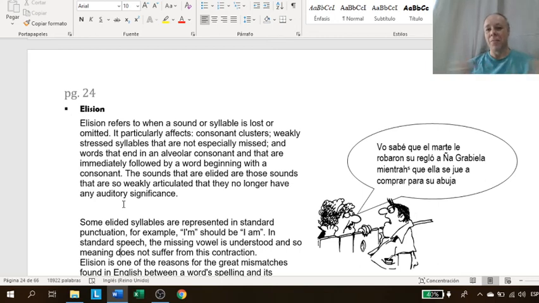Many students of English say, for example, "my name is Rosa", dropping a sound. That is an example of elision. Okay, all right. See you soon then. Goodbye.